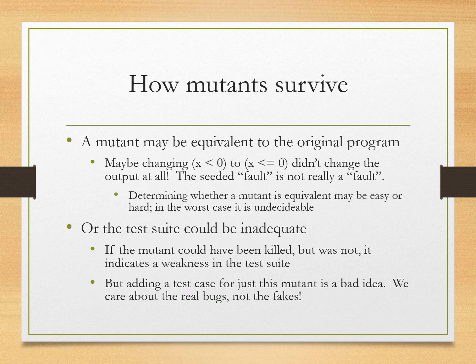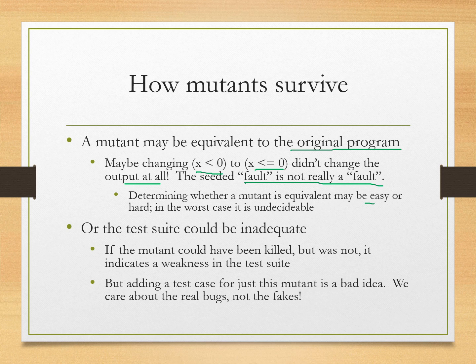How mutants survive. A mutant may be equivalent to the original program, maybe changing something like x less than 0 to x less than or equal to 0 didn't change the output at all. The seeded fault is not really a fault. Determining whether a mutant is equivalent may be easy or hard.